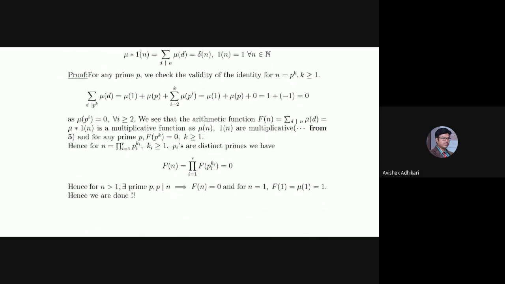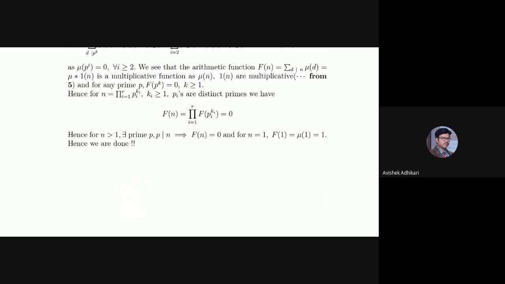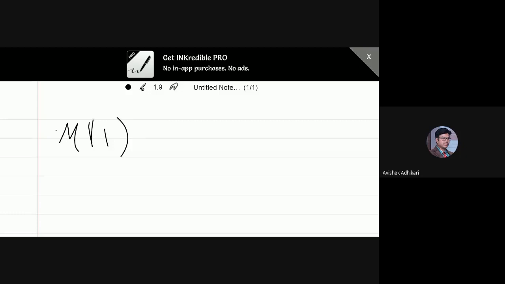Now we have shown quite a few properties, and we will move on to the Mobius inversion formula. But before that, let us see the Mobius function with quite a few examples. Mu of 1, as we see, is 1. Mu of 2 is what? If we prime factorize 2, it will give us 2.